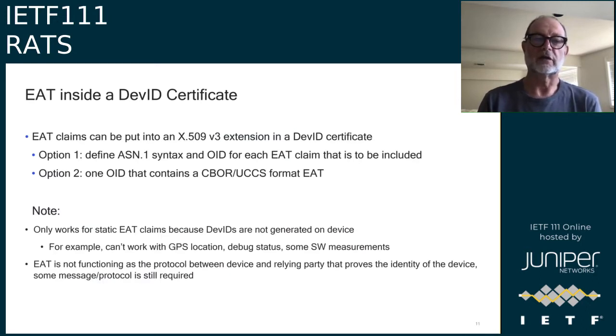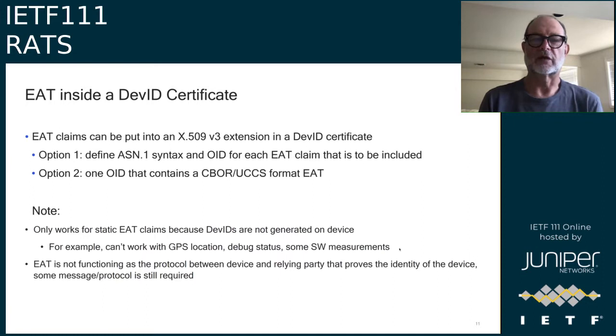So now we can take the EAT claims and put them into X509 v3 extensions in a DevID certificate. You could do this with an ASN.1 syntax and OID for each claim. So you go through all the claims in the CWT registry, and in addition to the labels you have defined there, you define an OID for each one and ASN.1 syntax for each one, and we may have interest in doing that anyway.